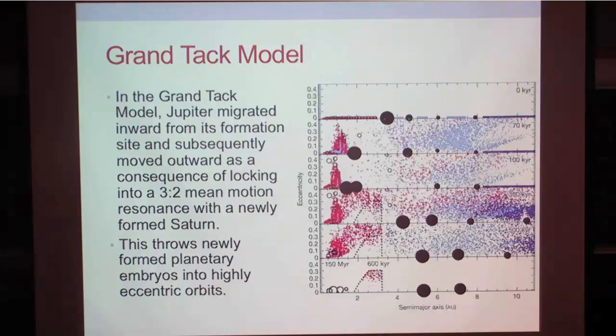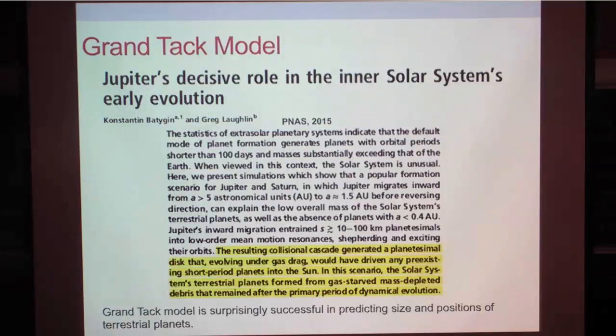And basically, it's catastrophic. They destroy each other, okay? As in this paper in PNAS 2015, the resulting collisional cascade generated a planetesimal disk that, evolving under gas drag, would have driven any pre-existing short-period planets into the sun.